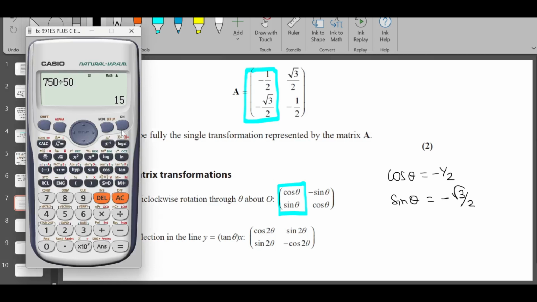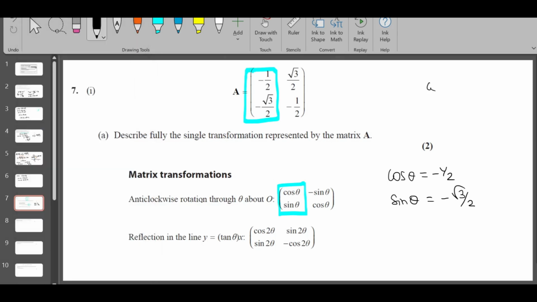Now, first I'm going to use my calculator, and you can use degree or radian mode. Degree mode. Cos inverse of 1 over 2 is 60. So we know cos 60 is 1 over 2. You can find sin 60, you will get root 3 over 2. Both are positive, but here both are negative.